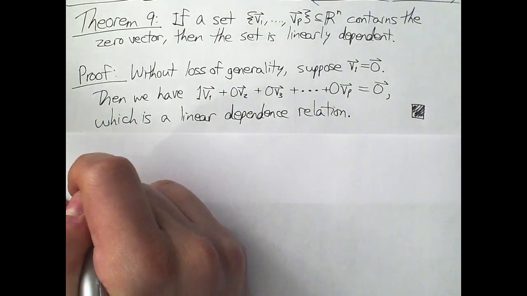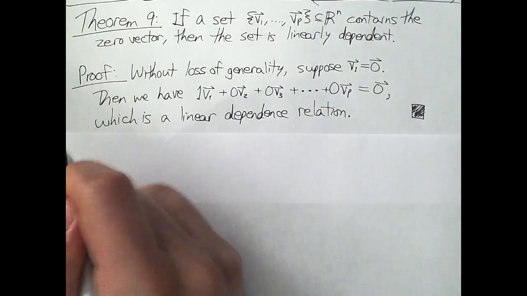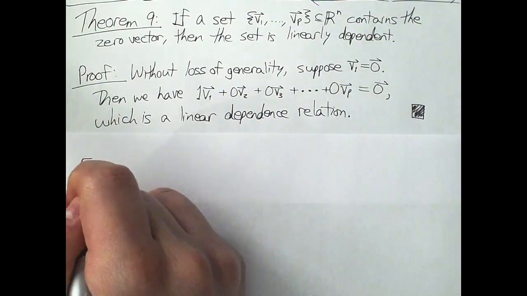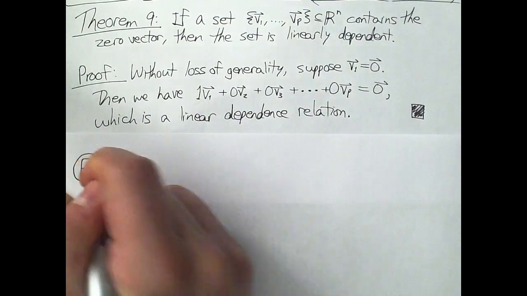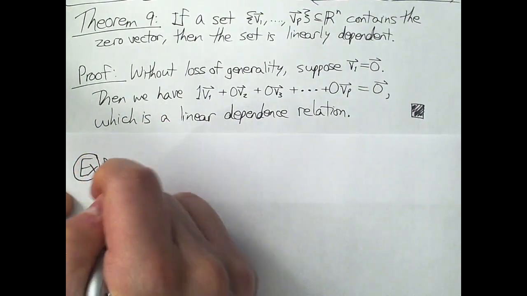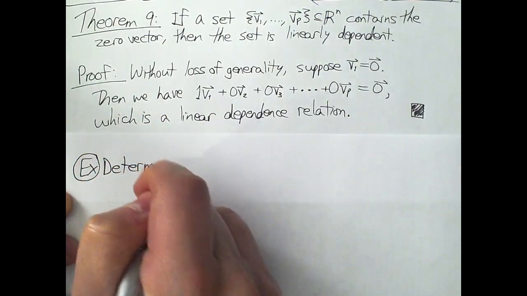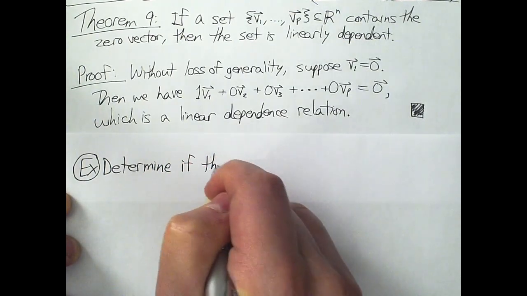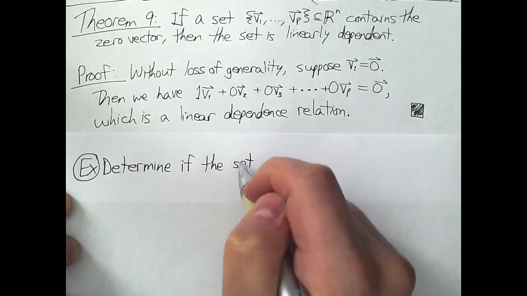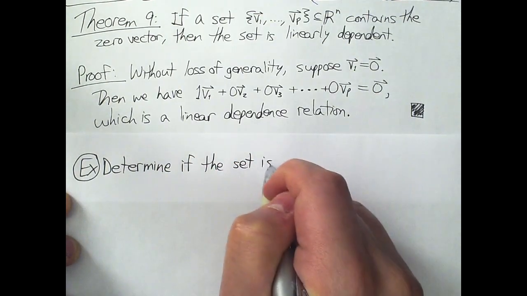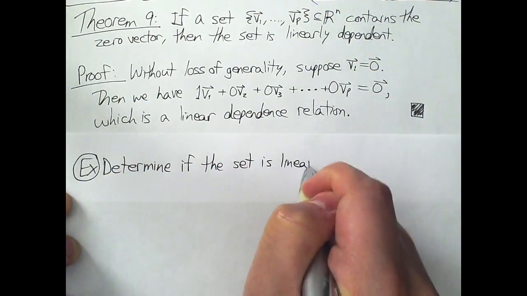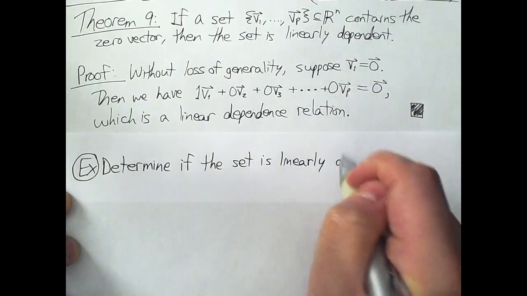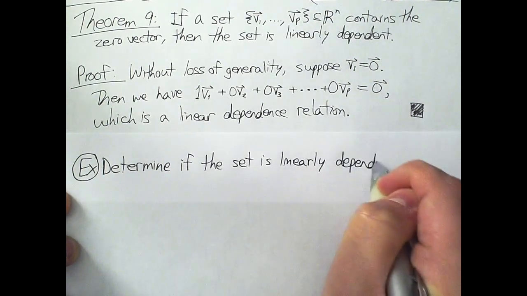So what I'd like to do right now is give you a few questions and have you spend a few minutes trying them. I'm going to write 4 of them, and after I write all 4, I would like you to pause the video and try these. Some of these might use shortcuts, some of them might not. When there's a shortcut problem, it's still up to you whether you use the shortcut or not.